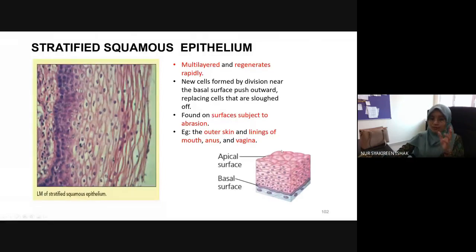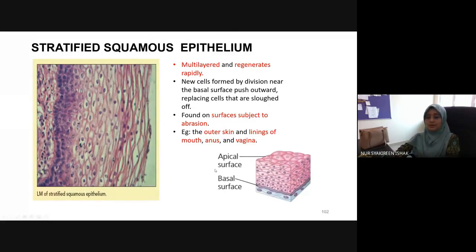Why? Because the surface of the tissue is exposed to, for example, conditions that cause the cells to be easily sloughed off. For example, the outer skin and lining of the mouth. The lining of your mouth can easily be replaced by new cells.